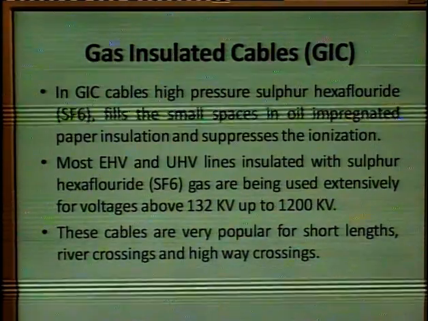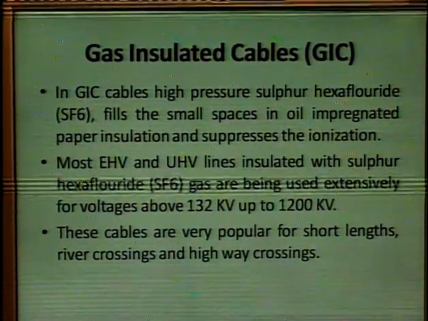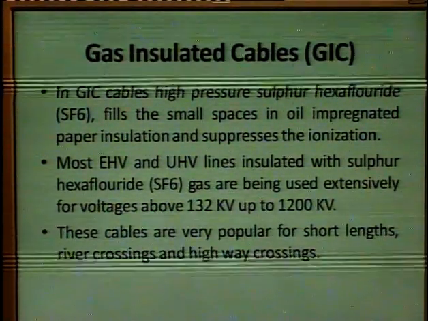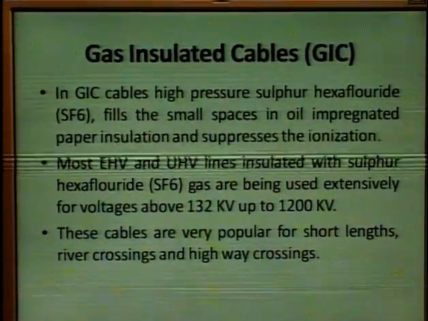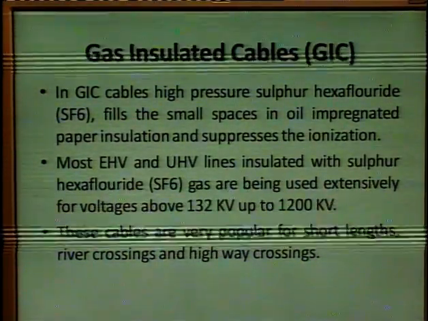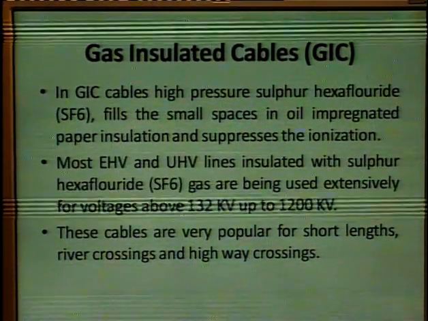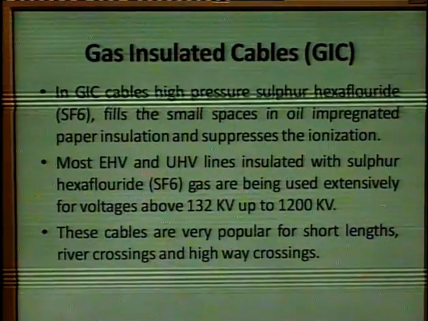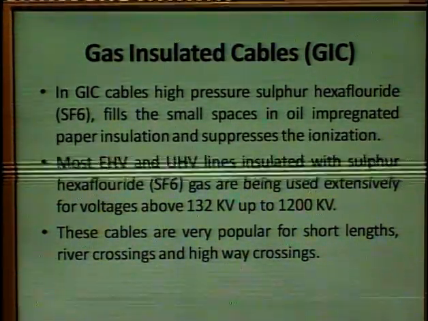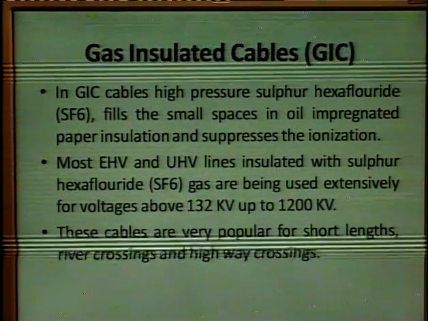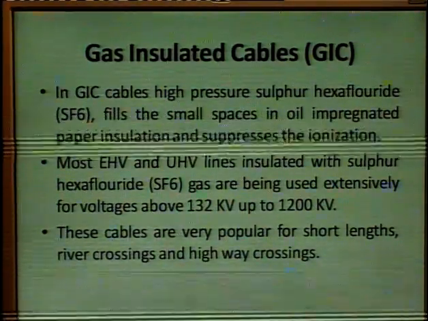Then we have the gas insulated cables, GIC. In GIC cables, high pressure SF6, that is sulfur hexafluoride, is filled in small spaces in oil impregnated paper insulation and suppresses the ionization.